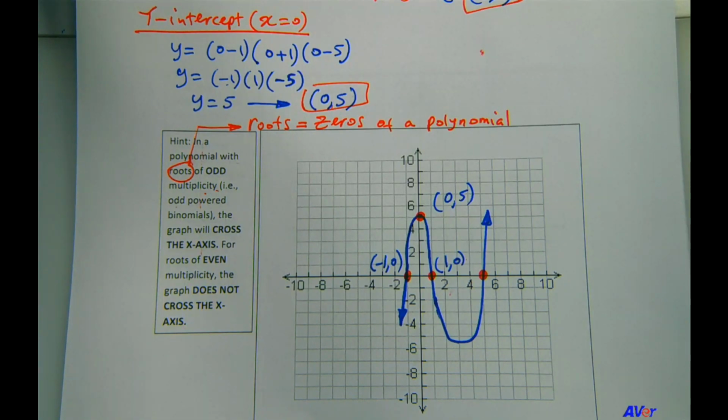The negative 1, 0, which is right there. And finally, the last 0 of the polynomial, or x-intercept, which was 5, 0. Okay? There are all the intercepts. I don't know if I can zoom in. Yeah. So you can see it a little bit better right there.